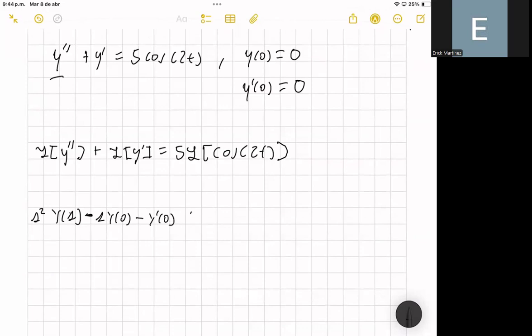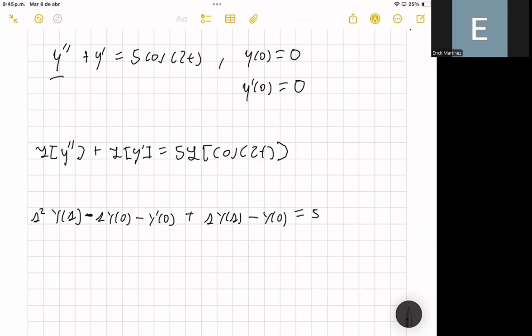Plus, we have here a first order derivative, so the Laplace transform is s times y of s minus the initial condition of y. And this is equal to 5 times the Laplace transform of this.